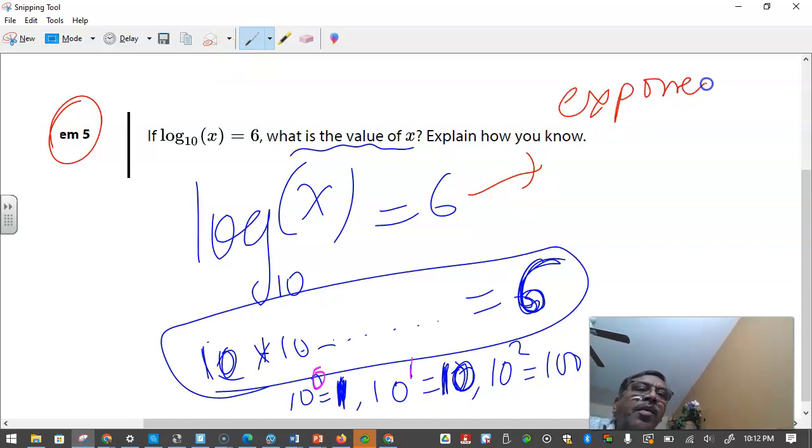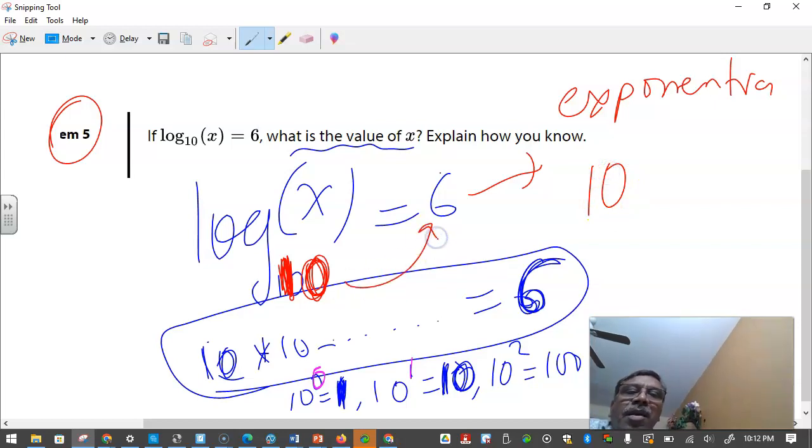So in the exponential, we're asking the base, which is 10, right here. This is the 10 raised to, so push this up and then go here. So 10 raised to 6 equals x. Okay, I made a mistake here.